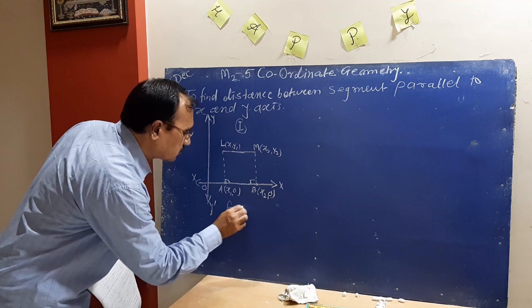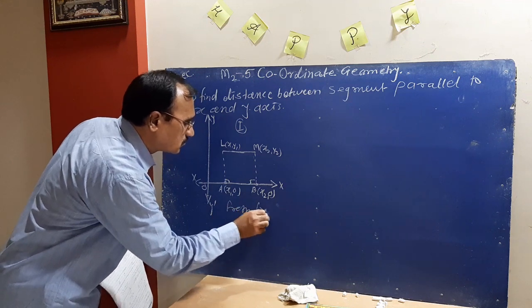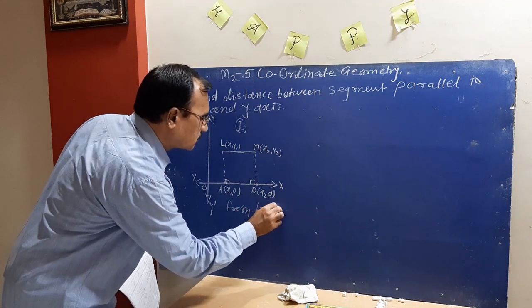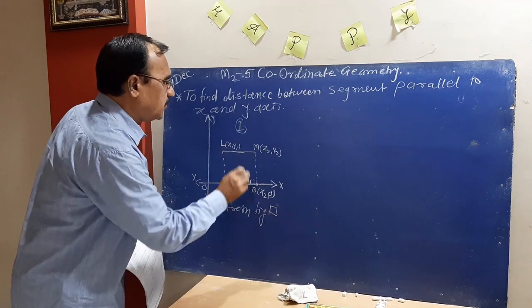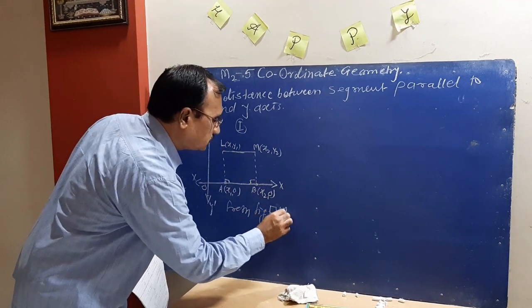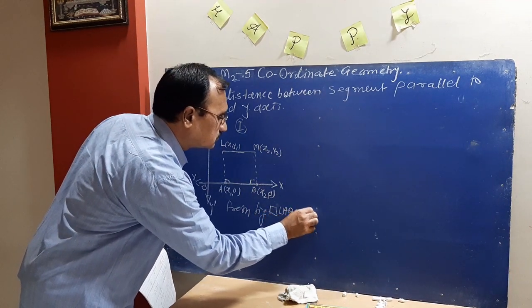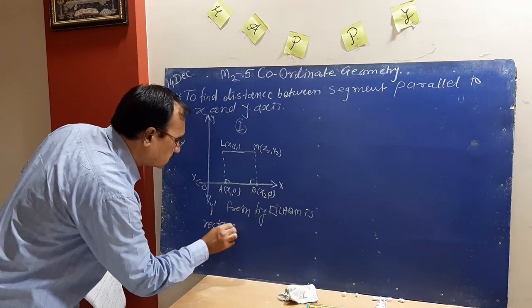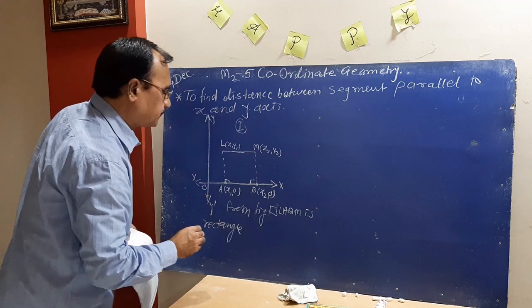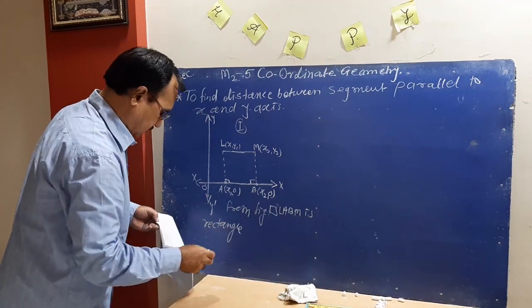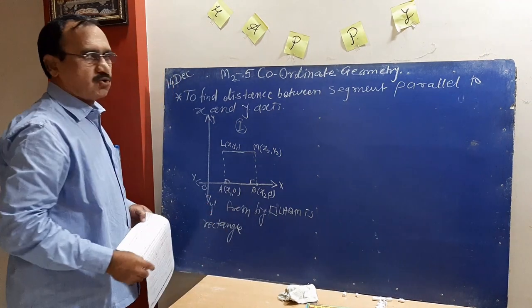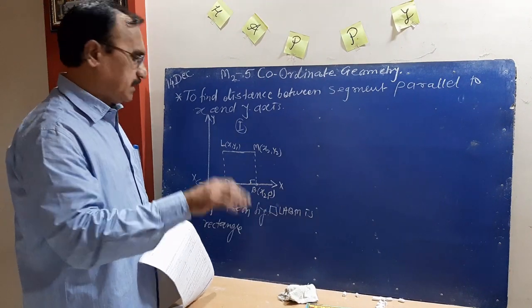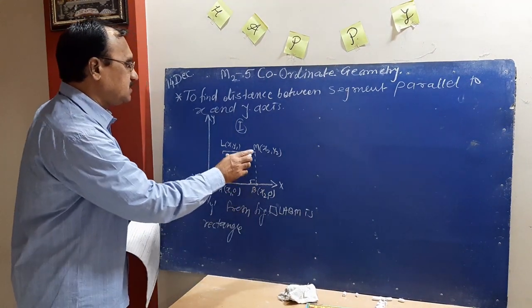From the figure, quadrilateral LABM is a rectangle, and therefore opposite sides are congruent in any rectangle. Therefore AB is equal to LM.